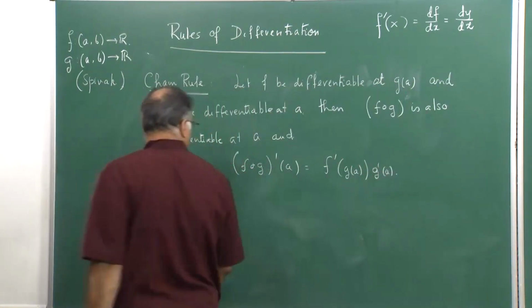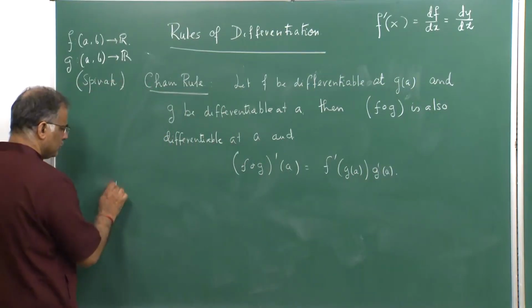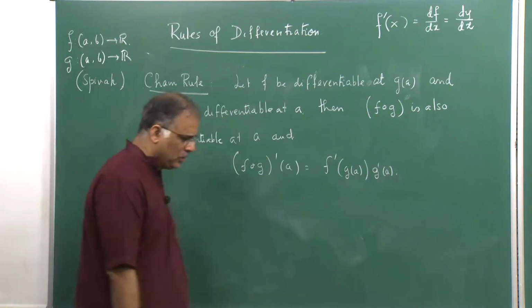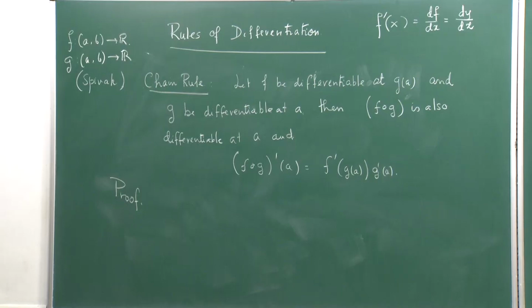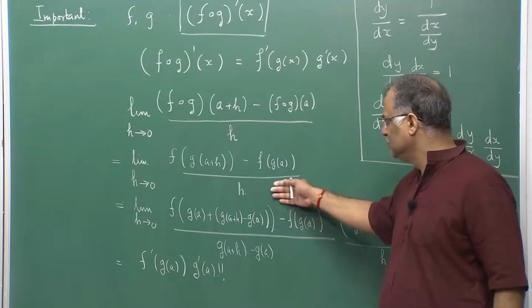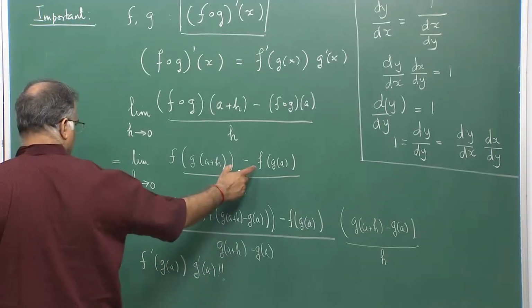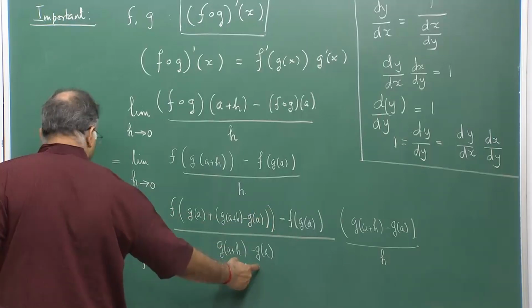Now, how do I start doing the proof of this? Okay. The proof begins by constructing a function called phi(h), which has similar structure like this, right, because you see this thing is nothing but f(g(a+h)) minus f(g(a)) divided by this.